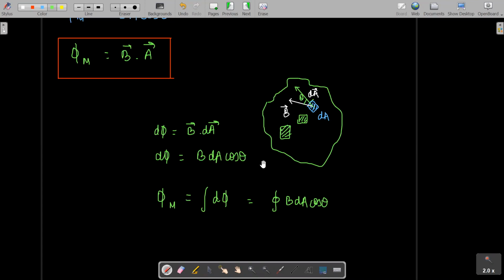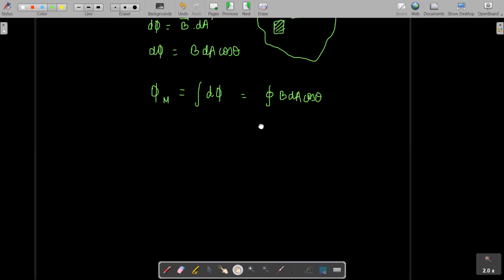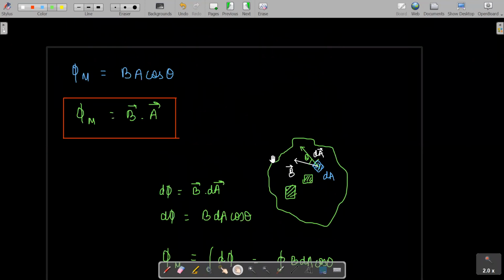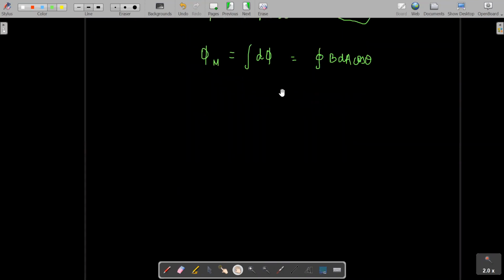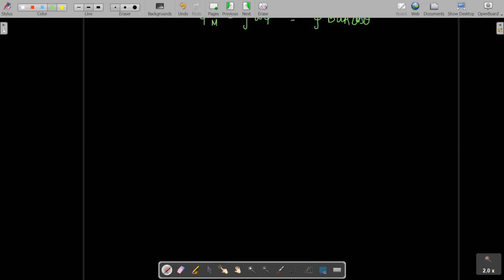This is all about flux, the basics. One more thing: the same definition we use for electric field applies here.